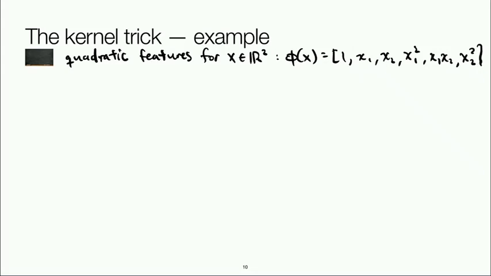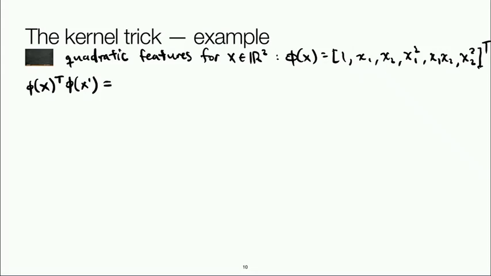And maybe I actually want this to be a column vector instead of a row vector, so I put a transpose there at the end, but who really cares? It's a one-dimensional thing. Just make it a column or a row or whatever you want. If I wanted to compute phi of x transpose phi of x prime for this quadratic featurization, just like what I would need to do for the SVM, well, what is that actually going to work out to?